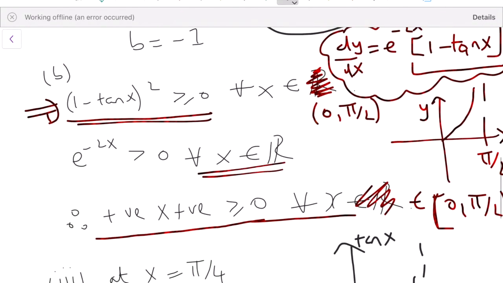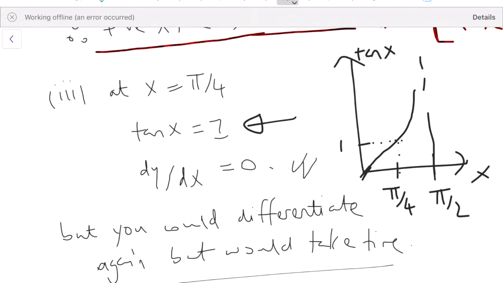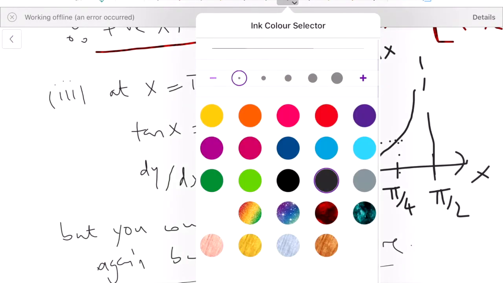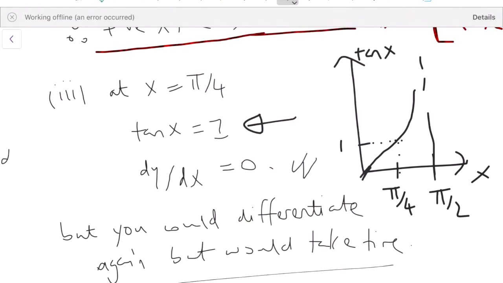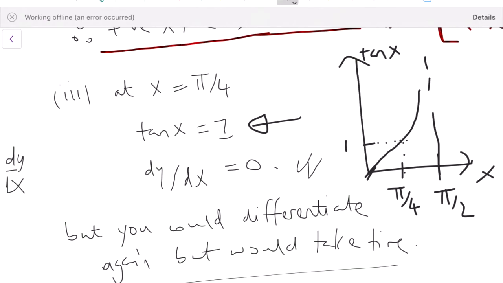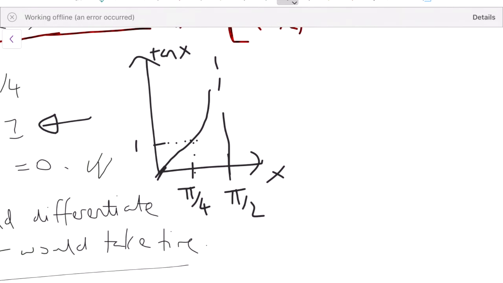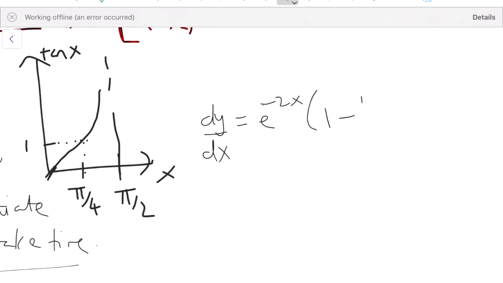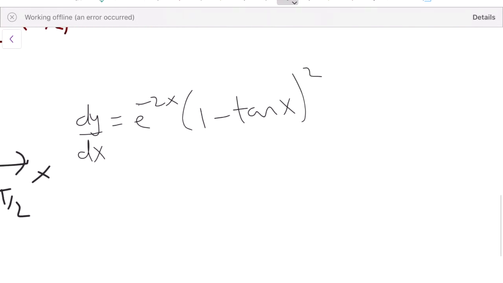And why is that? Well, that's because dy by dx equals e to the minus 2x, 1 minus tan of x, squared, and this we know has to be greater or equal to 0 from the last part.